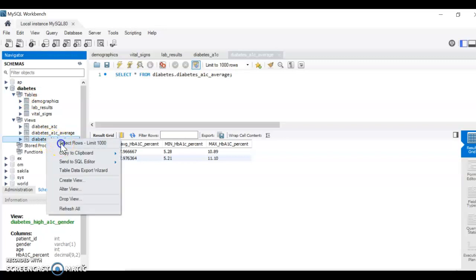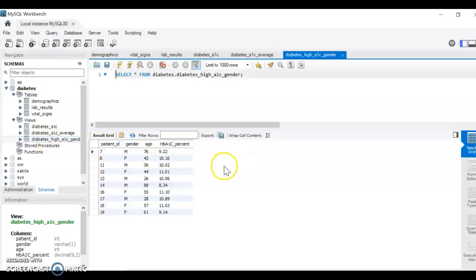And also we can look at A1Cs that are higher or lower than a certain number threshold that we might provide. For example, here we programmed the system to tell us what patients did have A1Cs above 6.5.